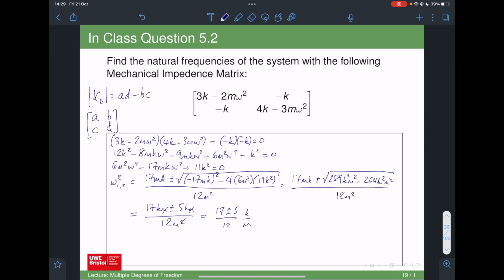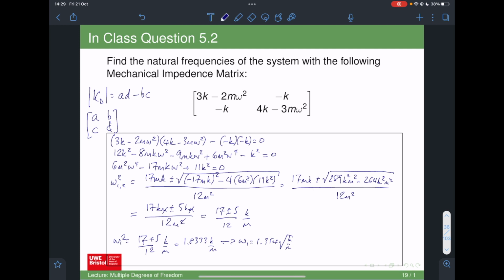So omega 1 squared is 17 plus 5 divided by 12, k upon m. So that comes out to be 1.8333 k divided by m. And so omega 1 is 1.354 root k upon m.